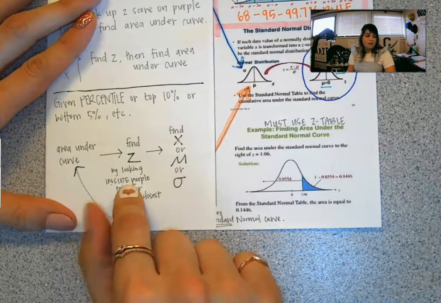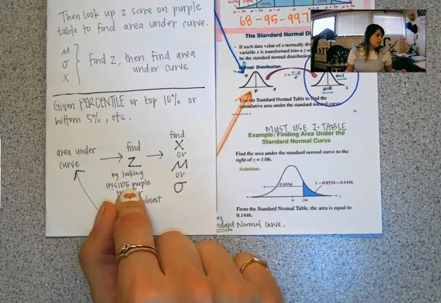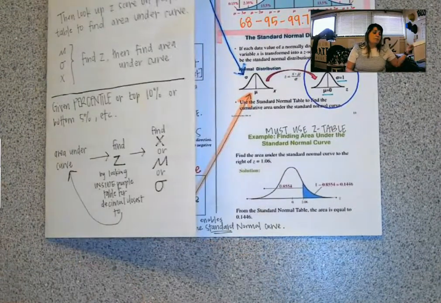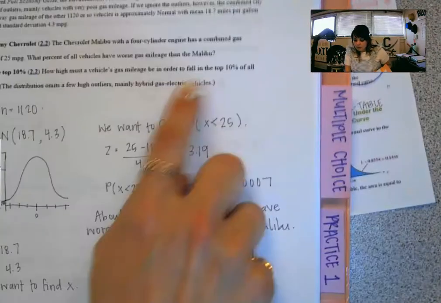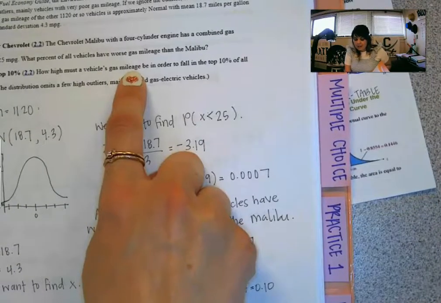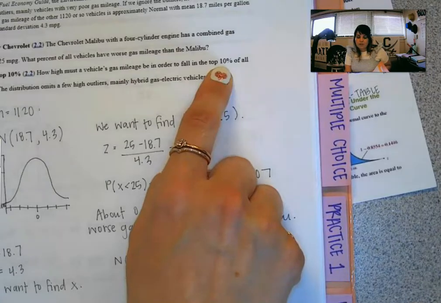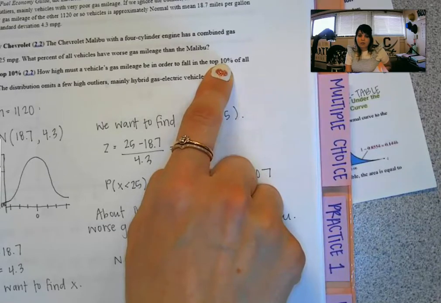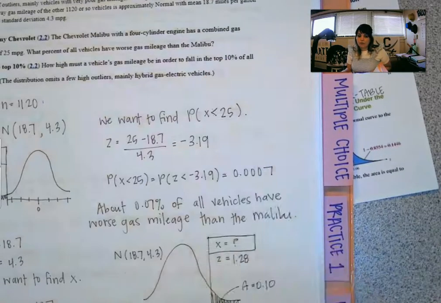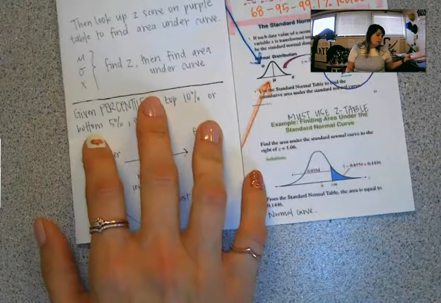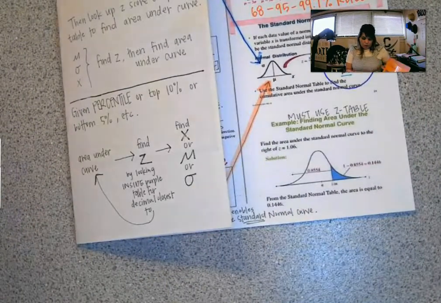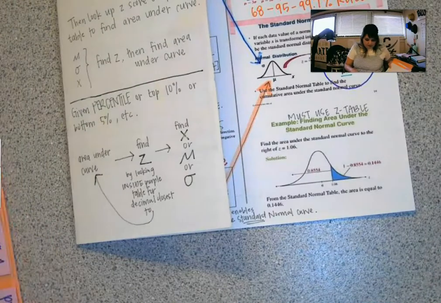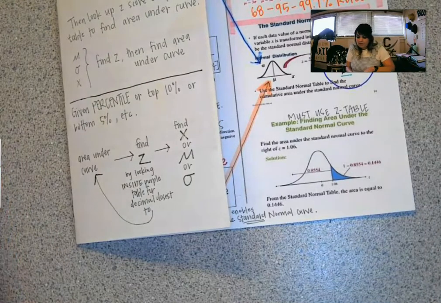This has been very common in your multiple choice, I feel like, and this is on that problem in your review. What is the X in order to fall within the top 10% of all cars? So you need to look up the Z-score that matches 0.10 inside the table, and then use that Z-score to solve for X. So that is review page 11.